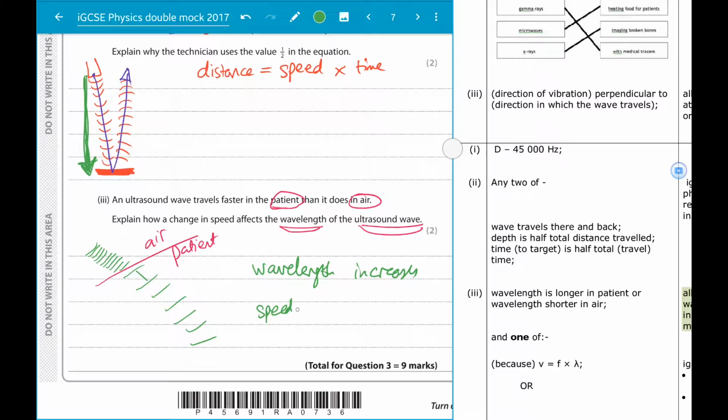So if the speed increases, either the frequency or the wavelength increases. The frequency of light is related to the colour of light, and when light goes from air to glass, it doesn't change colour. It stays the same colour. The frequency doesn't change. The wavelength is what would change. So the speed increases because the wavelength increases is the answer to the question.